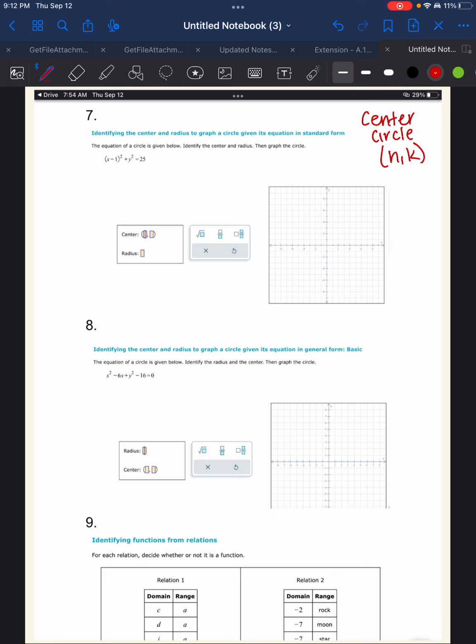My formula for a circle is (x minus h) squared plus (y minus k) squared equals r squared. I'm looking at what they already gave us, and I want to figure out what is my h and k and what is my r.